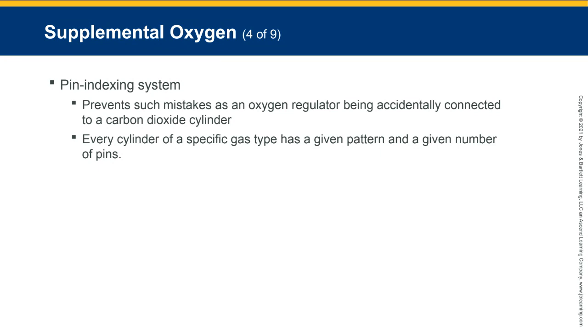So the regulator cannot be attached to any other cylinder, only to an oxygen cylinder. That's the purpose of the pin indexing system. It prevents such mistakes as an oxygen regulator being accidentally connected to a carbon dioxide cylinder. Every cylinder of a specific gas type has a given pattern and a given number of pins.